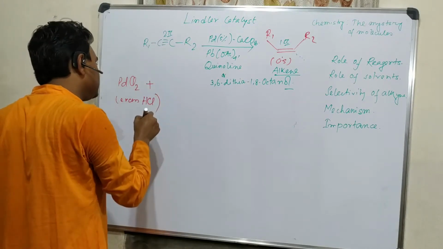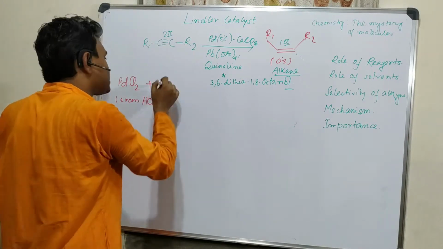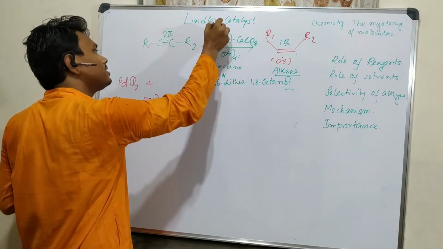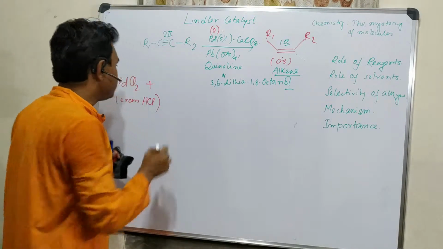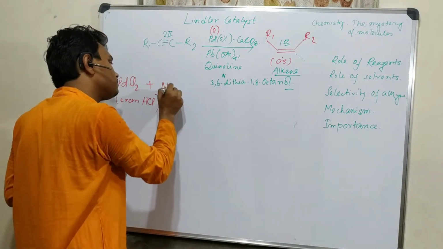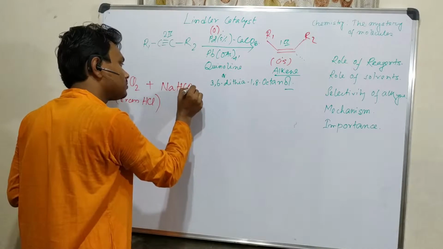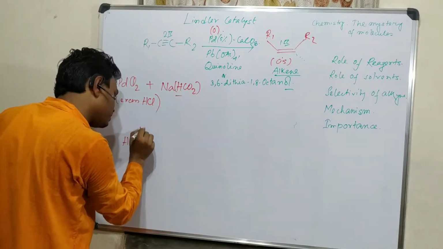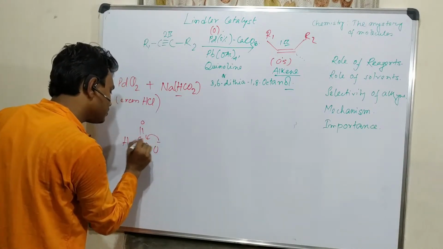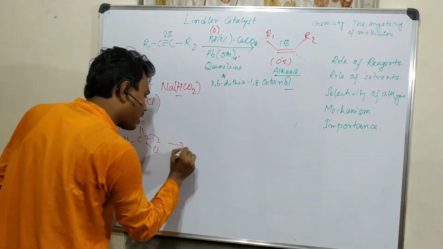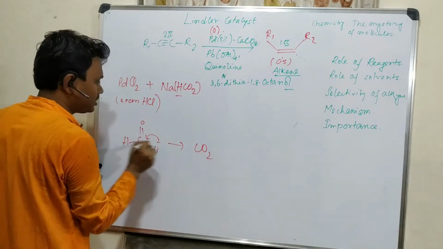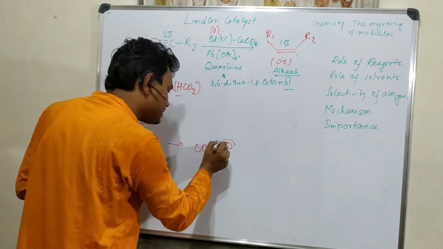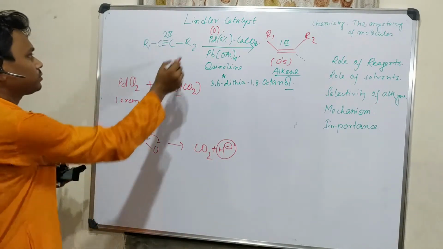After this, first sodium hydroxide is added, and the reduction of this palladium to palladium 0 is achieved in presence of sodium formate. And what happens to this formate? This sodium formate converts into carbon dioxide and it produces hydride. Actually it's in situ, not a separated hydride. This hydrogen is responsible for the reduction for preparation of this.